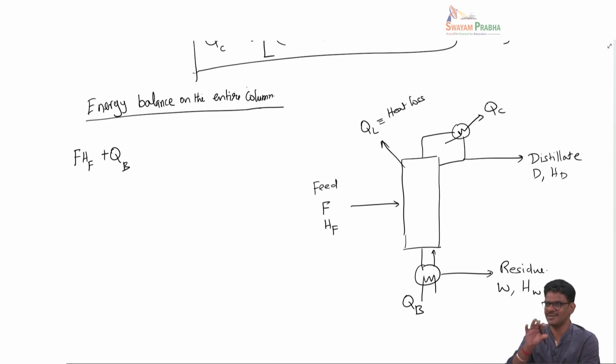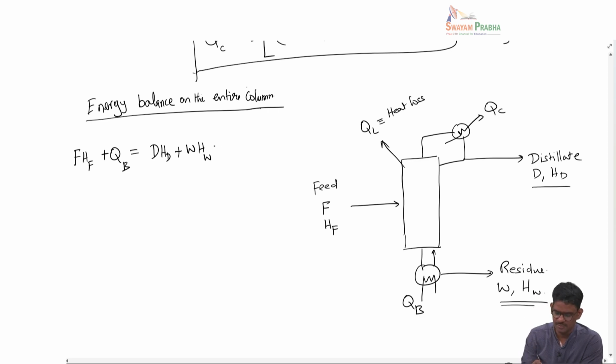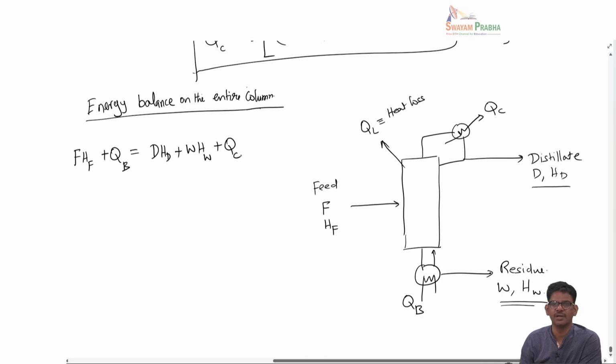What is going out are two product streams, D times HD and W times HW. These are the enthalpies associated with the distillate and residue, plus the heat removed in the condenser, plus the heat that is lost. So from here you can solve for QB.